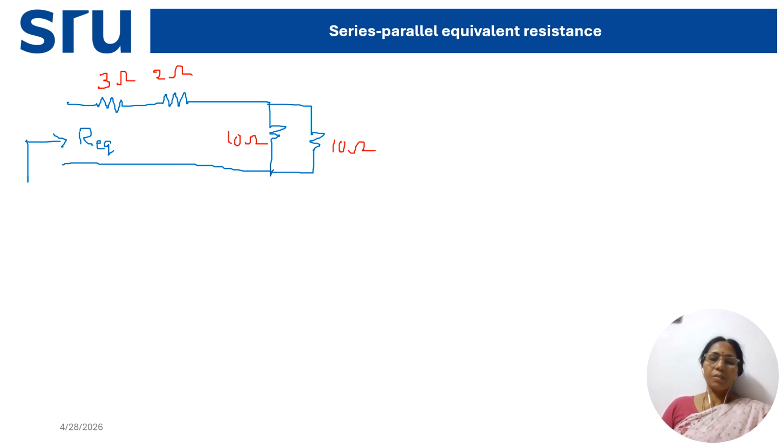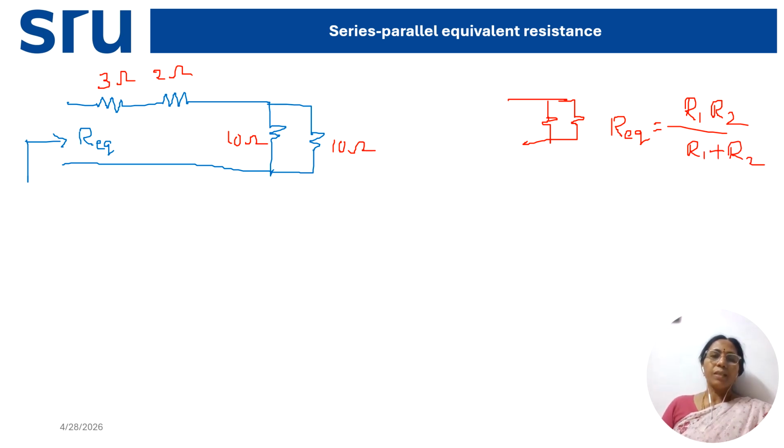ohm resistance. Okay. So, for simplicity here I am telling about parallel resistance. If two elements are connected in parallel, instead of writing 1 by R equivalent, directly we can take R equivalent equals R1 R2 by R1 plus R2.